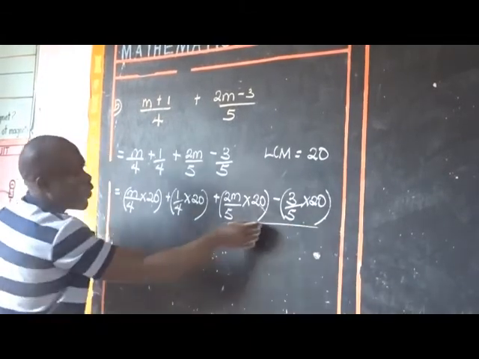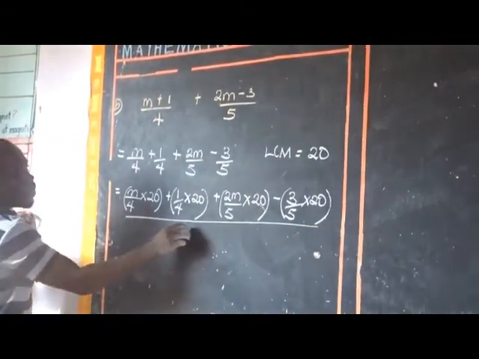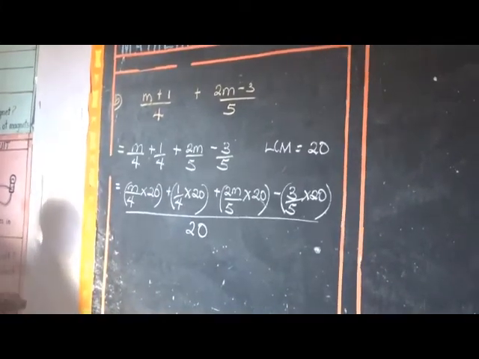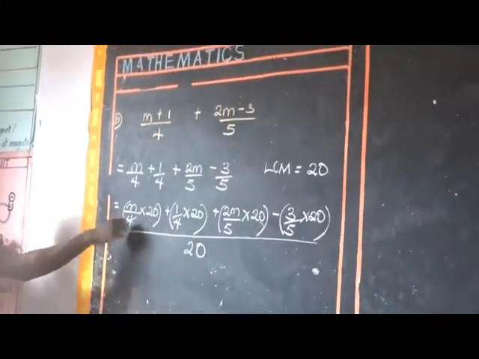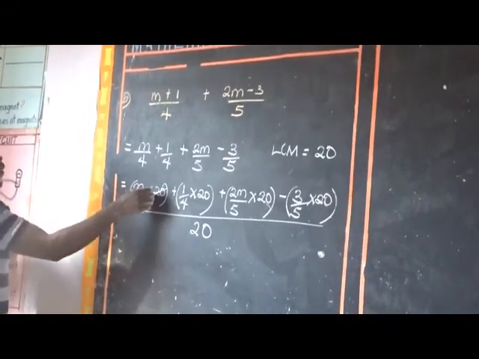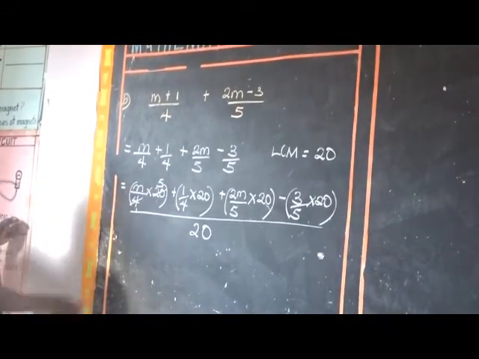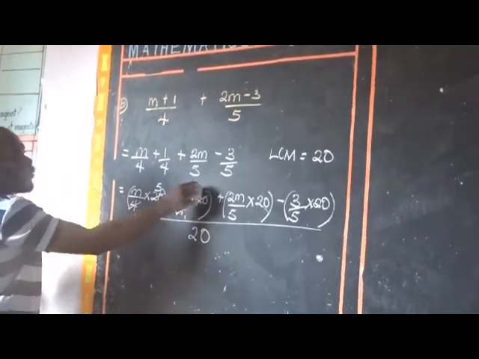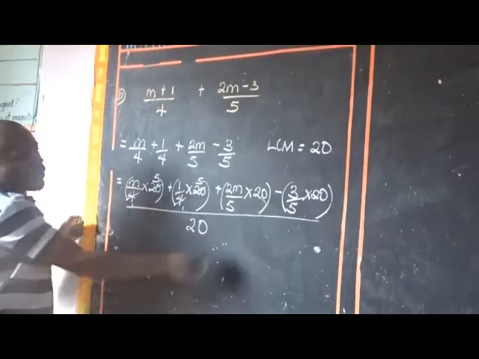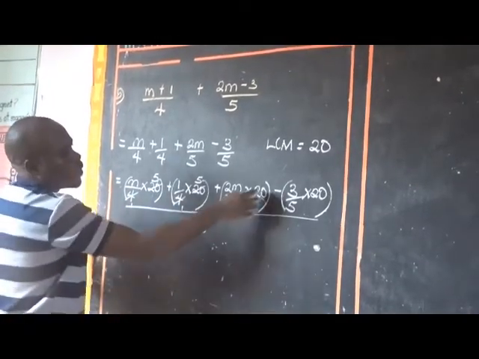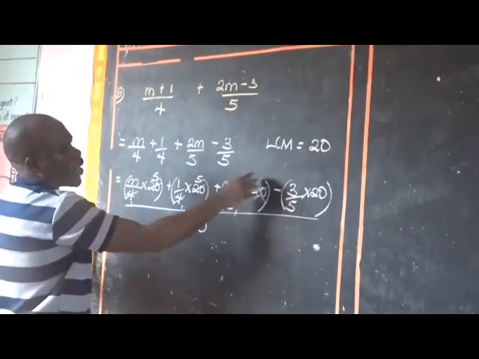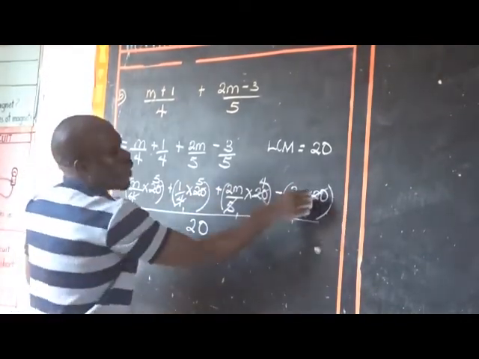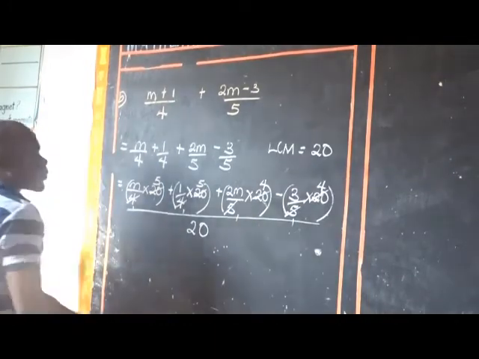After this, all the above will have to be divided by the LCM. After that, we compute. 4 divided by 4 gives us 1. 20 divided by 4 gives us 5. 4 divided by 4 gives us 1. 20 divided by 4 gives us 5. 5 divided by 5 gives us 1. 20 divided by 5 gives us 4. 5 divided by 5 gives us 1. 20 divided by 5 gives us 4.